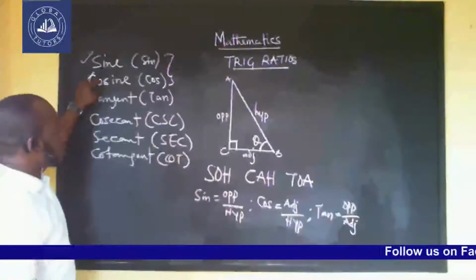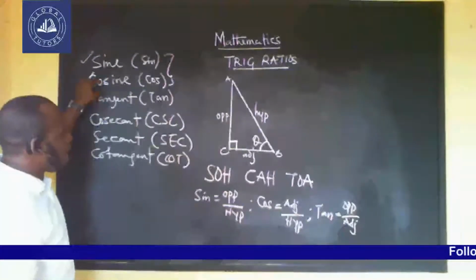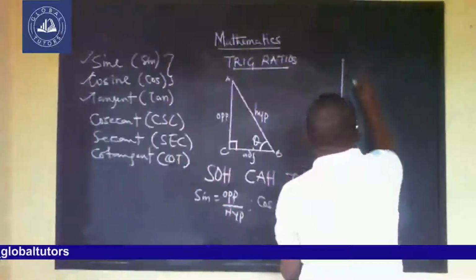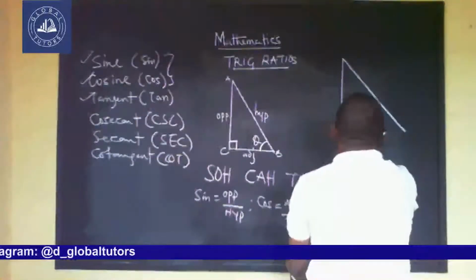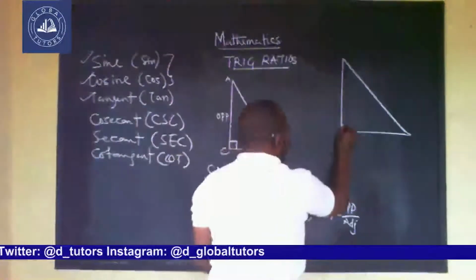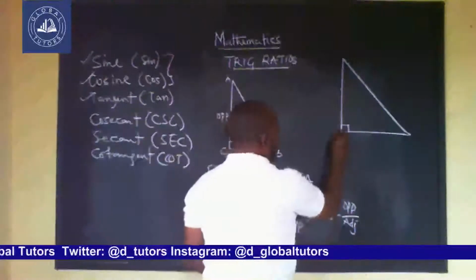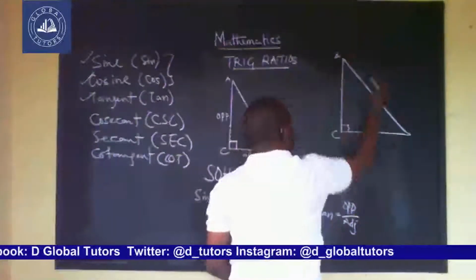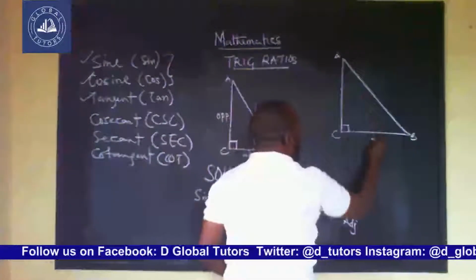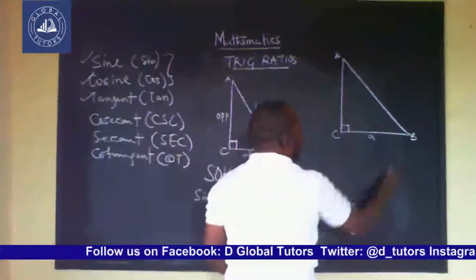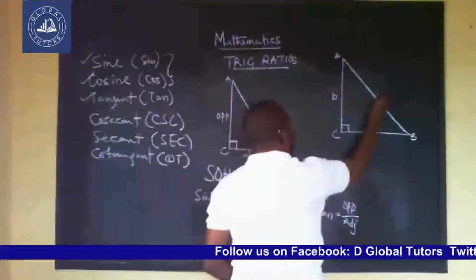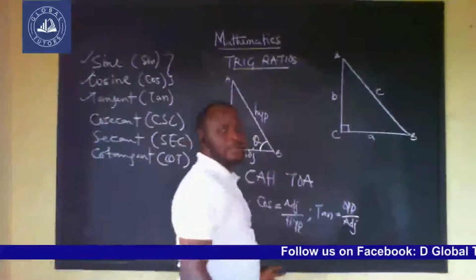For us to do that, we are going to draw another diagram. This is a right angle triangle. It is right angle at this point. Let's say C. This is A. This is B. Now, the side facing angle A will be small a. The side facing angle B will be small b. The side facing angle C will be small c.